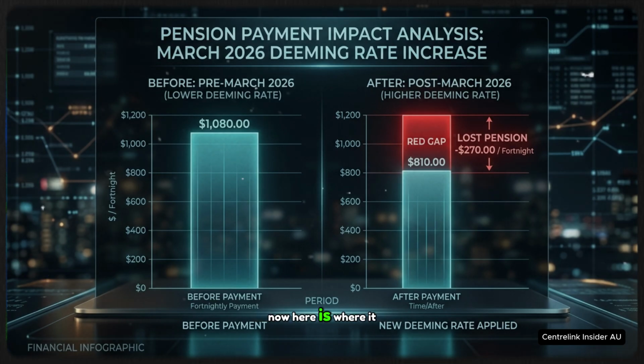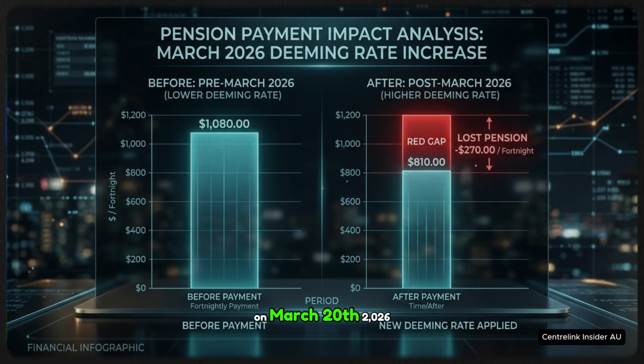Now, here is where it gets critically important for every pensioner with a bank account. The deeming rates are not fixed permanently. They change. And the change that happened on the 20th of March 2026 was the largest single adjustment to deeming rates in years. For 6 years, from May 2020 through to March 2026, the deeming rates were frozen at emergency pandemic lows.